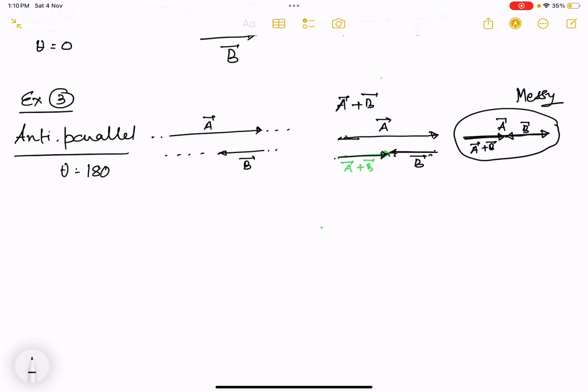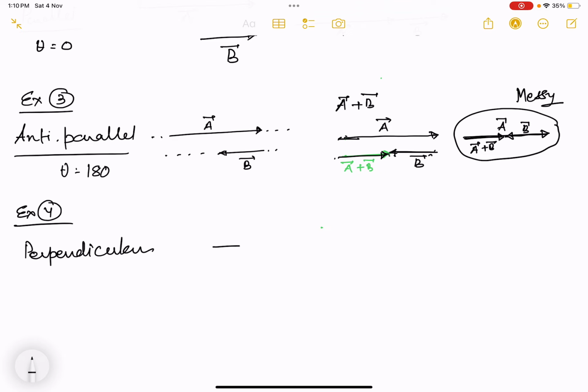One more example. We have seen parallel vectors, we have seen anti-parallel vectors. We will see perpendicular vectors. Perpendicular vectors कैसे होंगे?